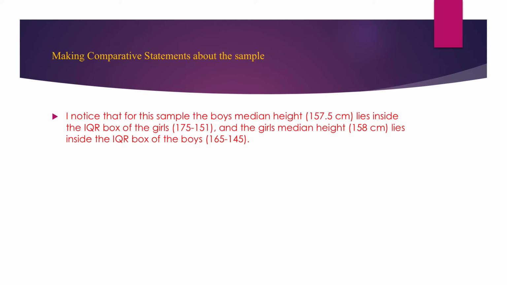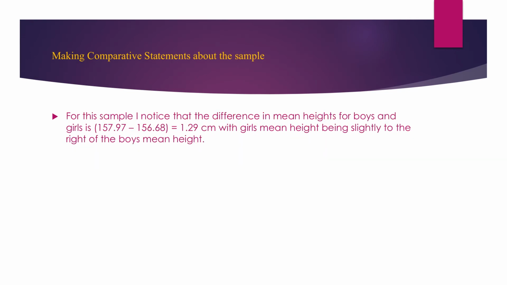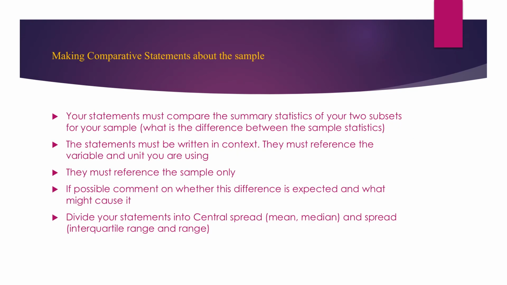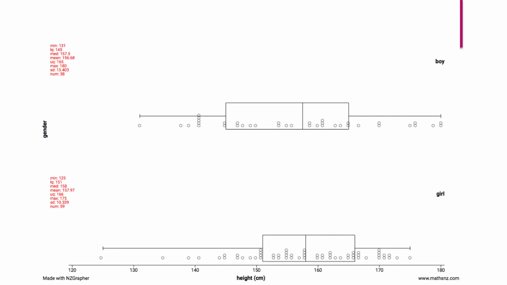The next thing that we can look at is the range itself. So that's just the difference between the maximum and minimum. So for the girls, that's 175 minus 125, which is 50 centimeters, and for the boys it's 180 minus 131, which is 49 centimeters.